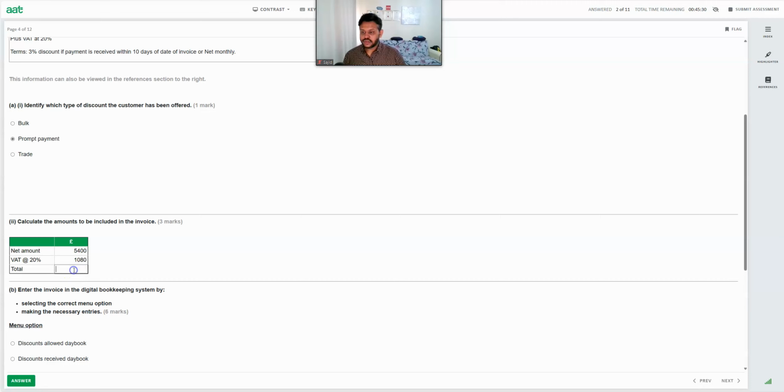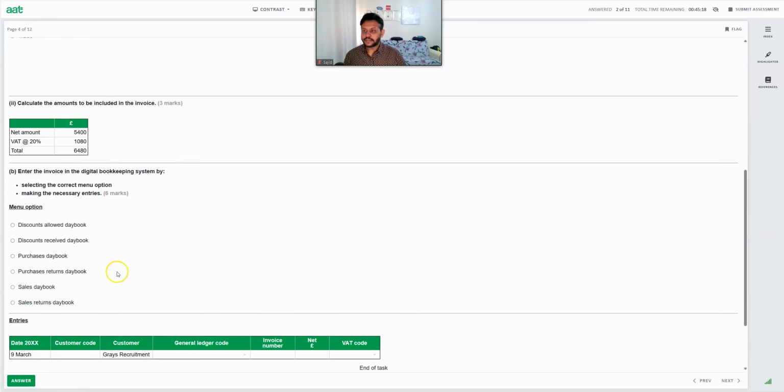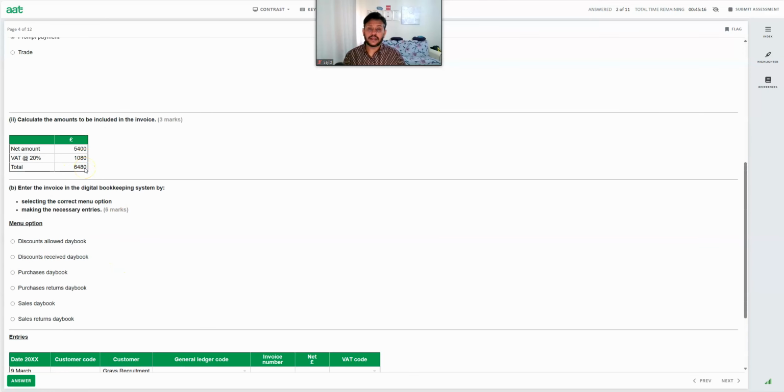If we add this on, that will tell me how much I should ask from the customer: 6480. So the customer will pay me a total of 6480, and the 20% VAT belongs to HMRC.